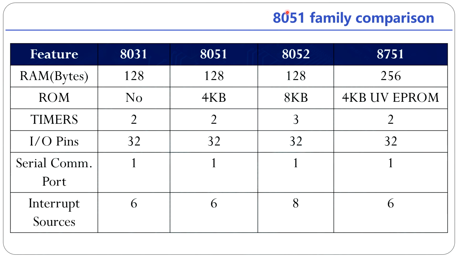Now we come to the 8051 family comparison. Four microcontrollers are there: 8031, 8051, 8052, 8751. These are the columns, and the rows are the features. First of all, we can see the RAM in bytes, the size of the RAM.